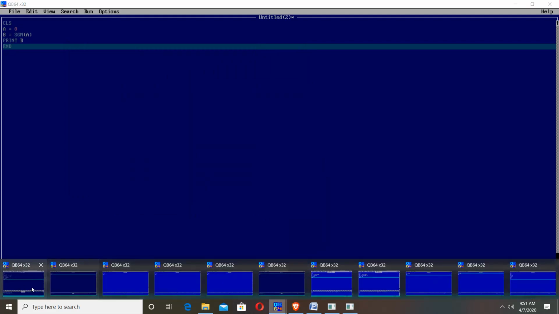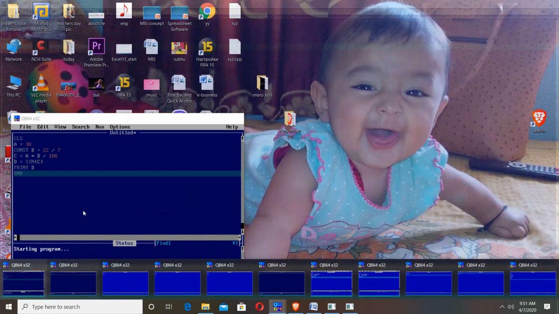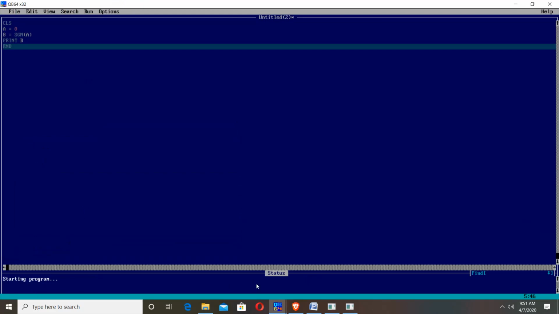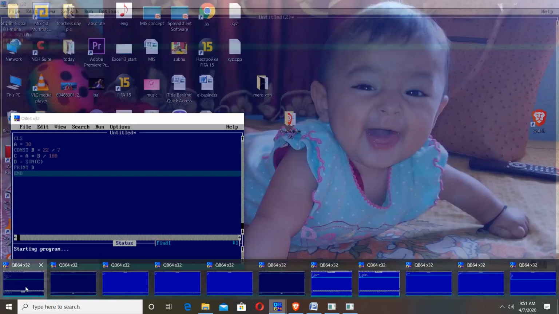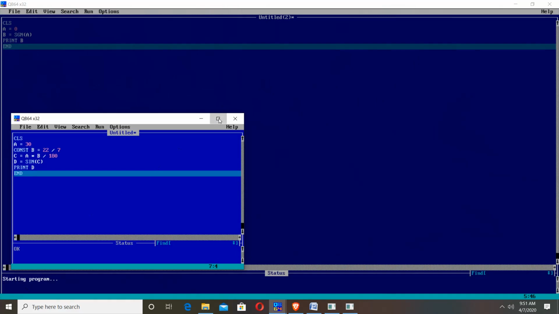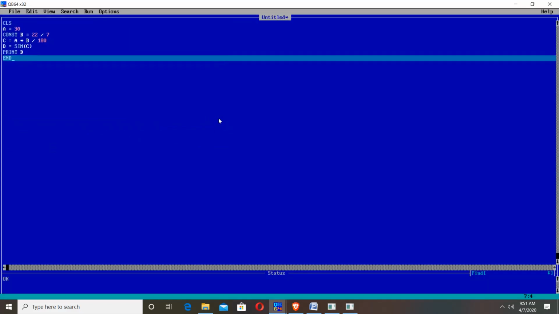Now the next function is sine, cos and tan function. These are also numeric library functions, and the sine, cos and tan functions are used to find the value of sine, cosine and tangent of the given angle.